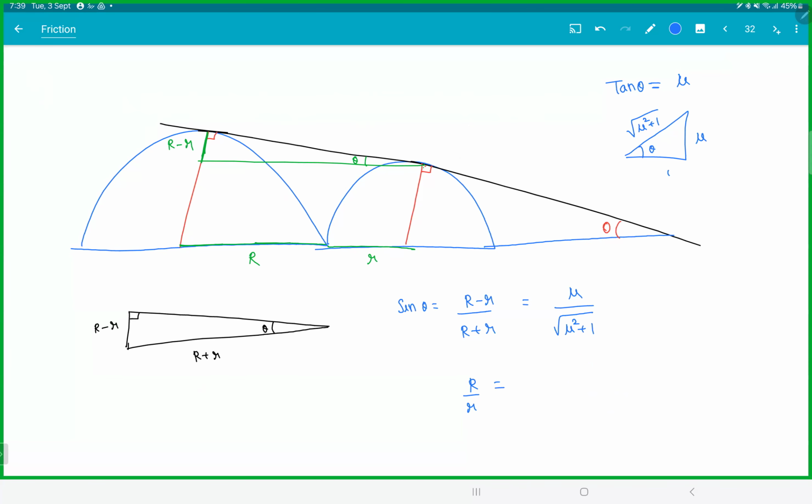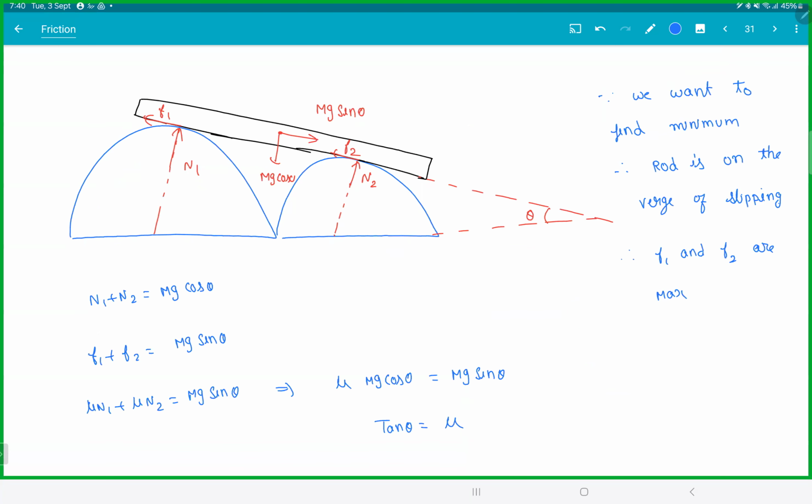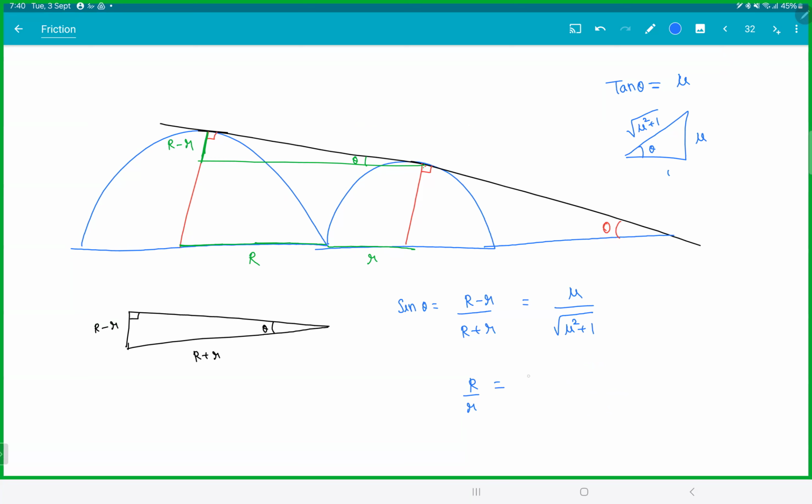Clear with the steps? 1 plus mu square minus mu in the denominator. Okay, it will do. Trust you guys. This much calculation you can do. Tell me how much you are getting, I'll write it down. Mu plus, 1 plus mu square in the denominator. In the denominator, root of 1 plus mu square plus mu.